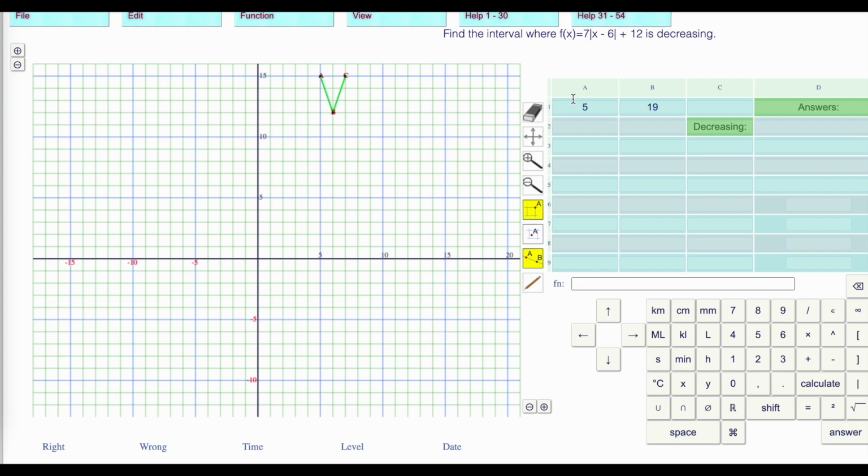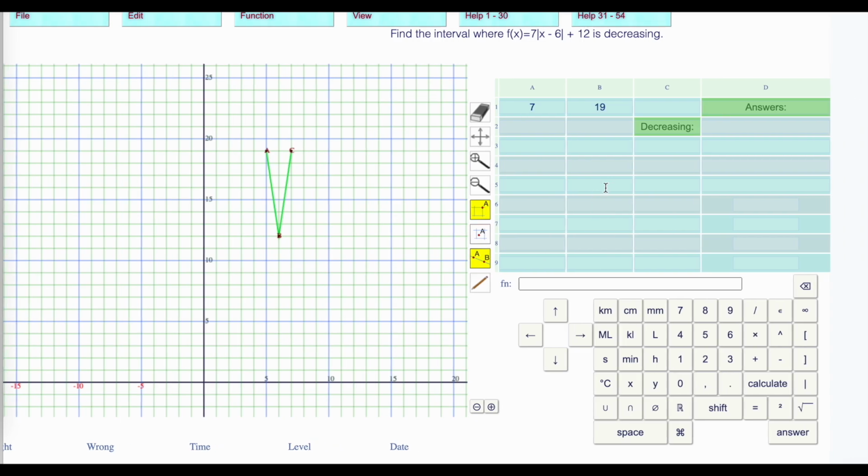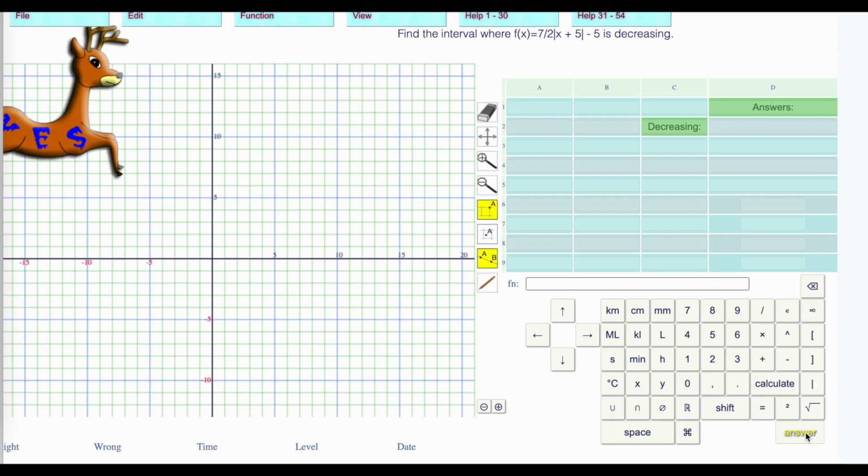At 5, we're getting 19. At 7, we should also get 19. But it's going to be opening up like that. When is it decreasing? It's decreasing along this arm from negative infinity until 6. X is a member of (negative infinity, 6], and that's our answer.